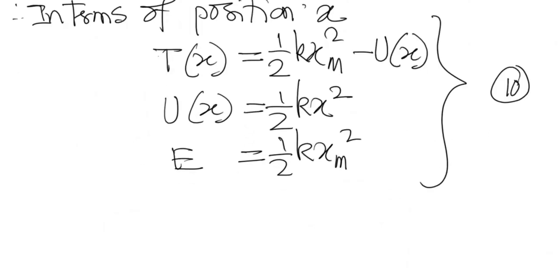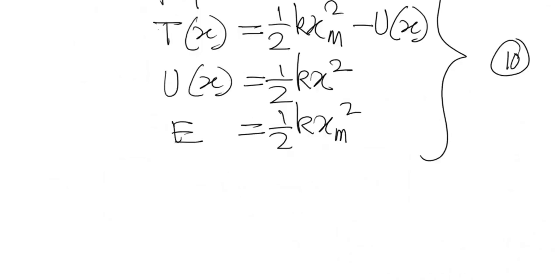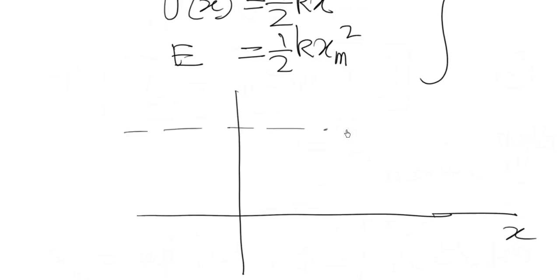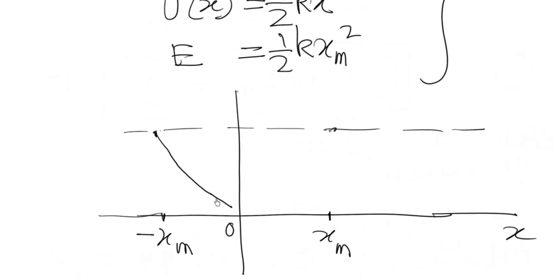If we plot this, if this one is, say, xm and this is minus xm, then you see this is u of x, the potential energy.